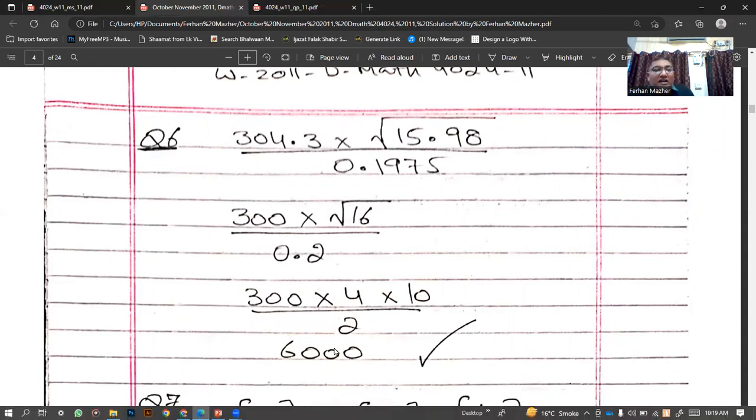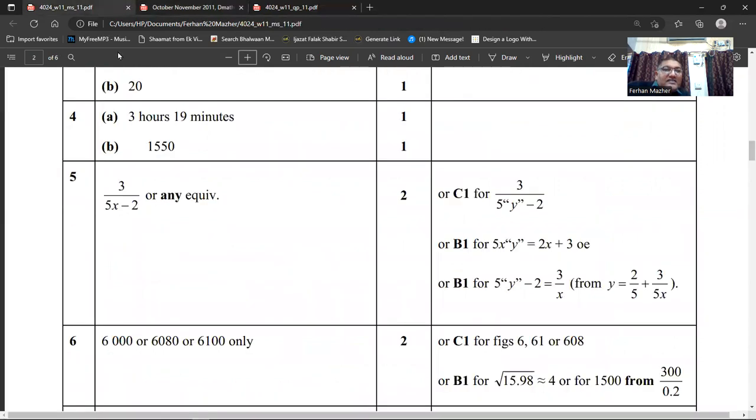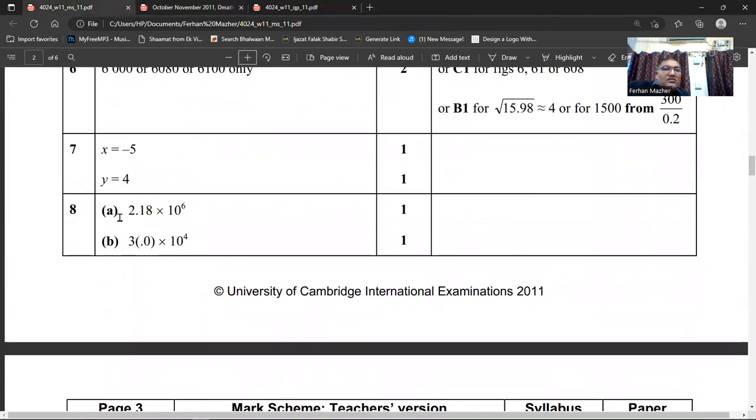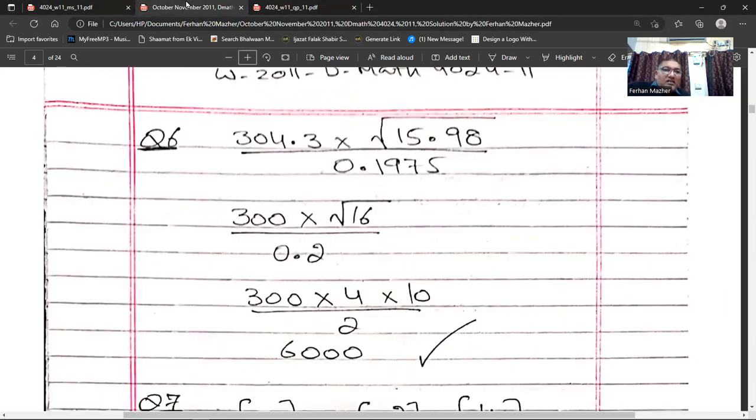And when I remove this decimal, in the numerator I will write a 10, and downstairs you will have 2. So you will have 12,000 divided by 2, which gives you 6,000. So 6,000 is the answer. You can see question number 6 showing up here. 6,000 is the right answer, sir.